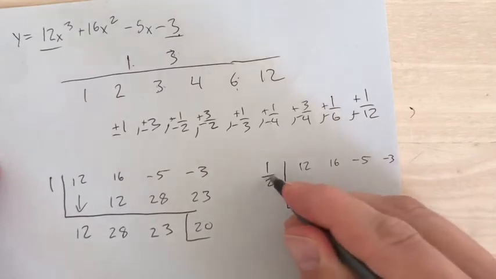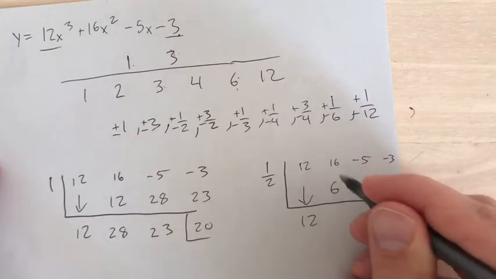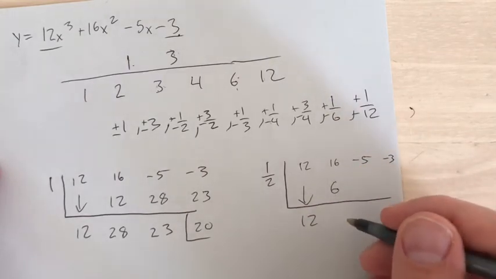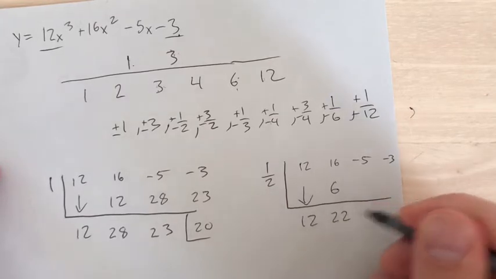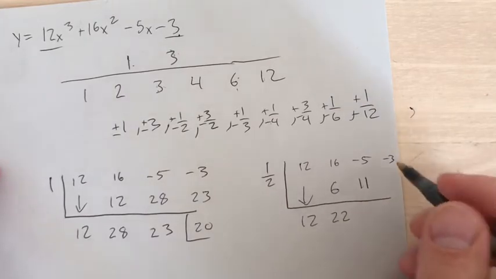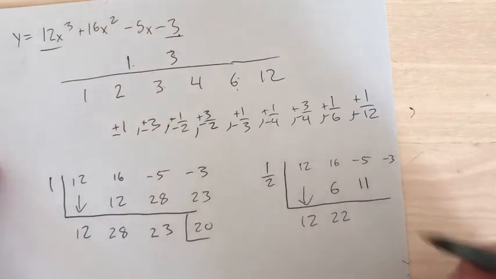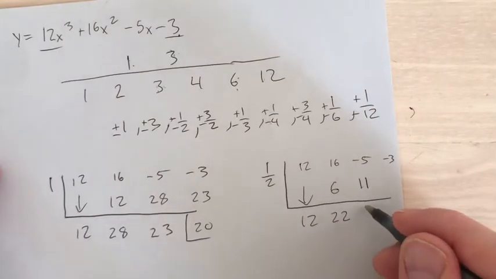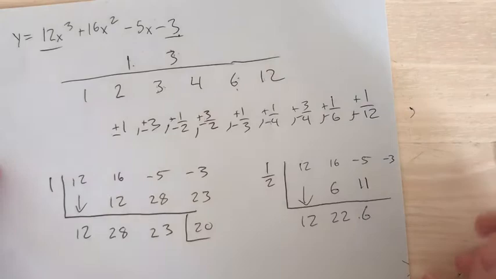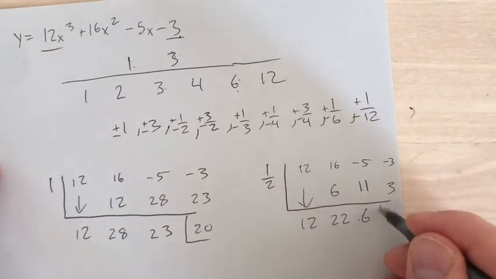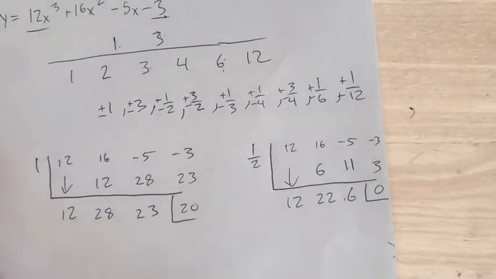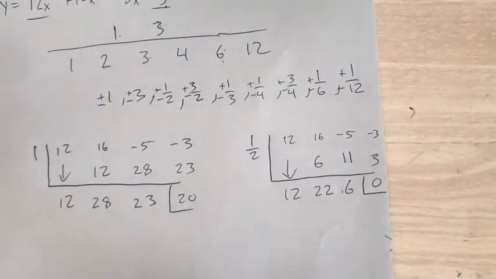Drop that down, get 12. 1/2 times 12 is 6. 16 plus 6 is 22. Half of 22 is 11. Negative 5 plus 11 is 6. 1/2 times 6 is 3. And voila, there we go. We got one of the factors that give me that.